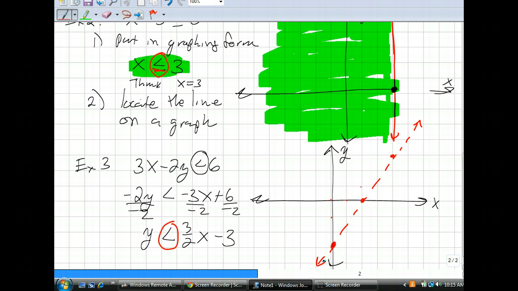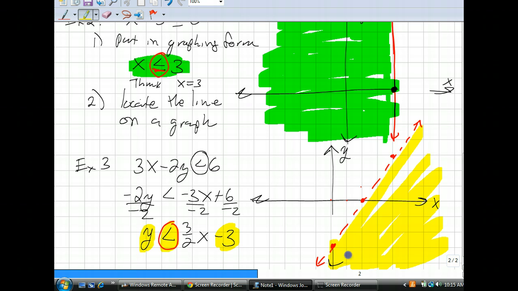Okay, so the question is, where are the y's less than negative 3? If I go up the y-axis, those numbers are bigger than negative 3. So that tells me that I want to go the other direction, down the y-axis. Those ones are less than negative 3 because I have negative 4, negative 5, negative 6, etc. So that means I'm going to shade that side.